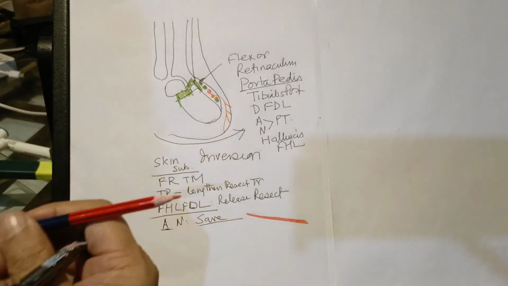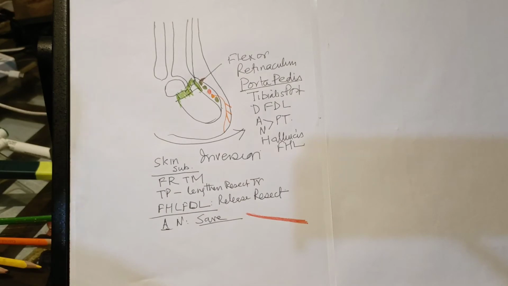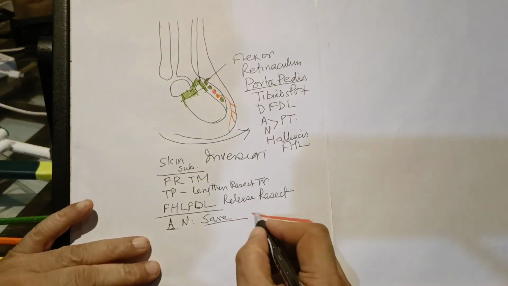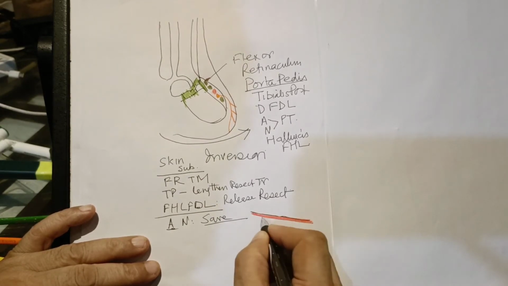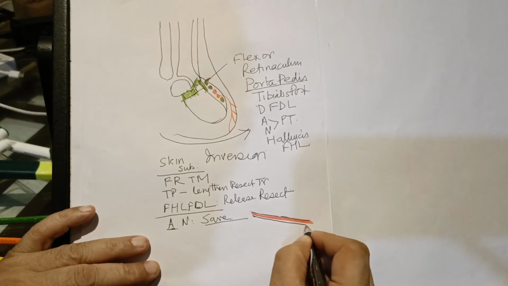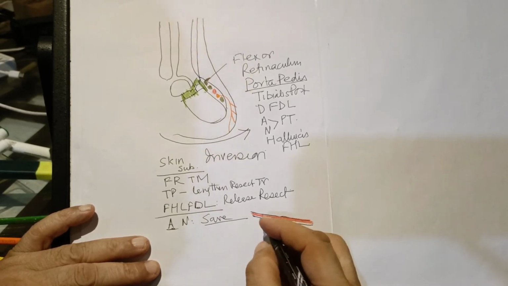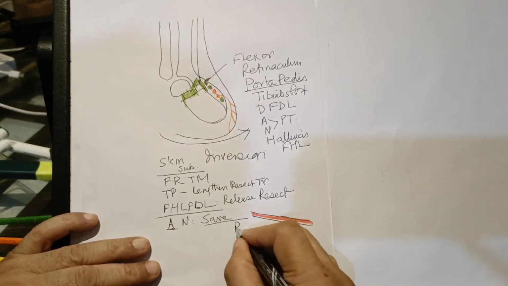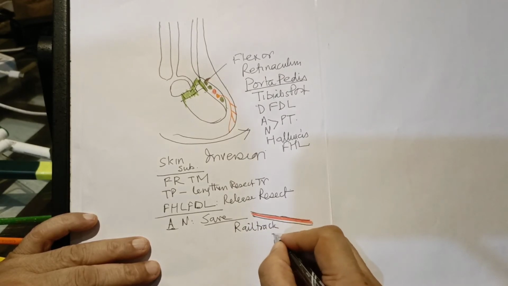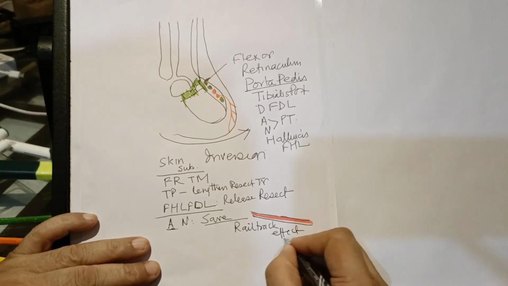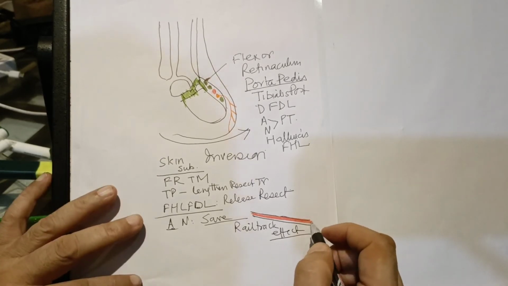You would recognize it because there would be venae comitantes running on the side of this artery. And these venae comitantes give you what is called a rail track effect. So that's how you recognize the artery.